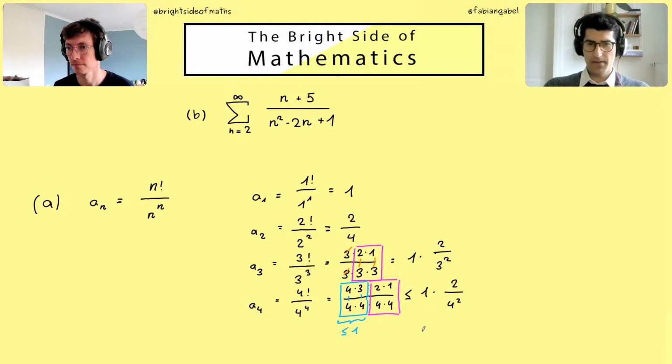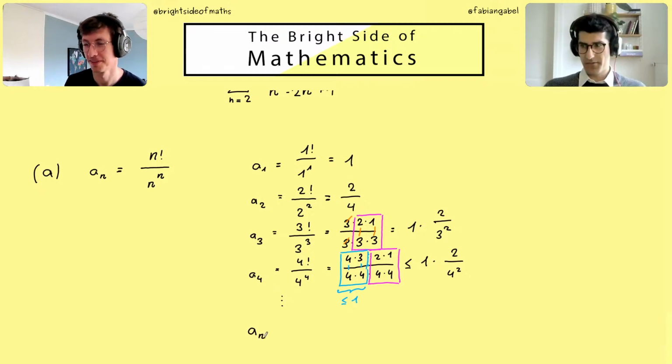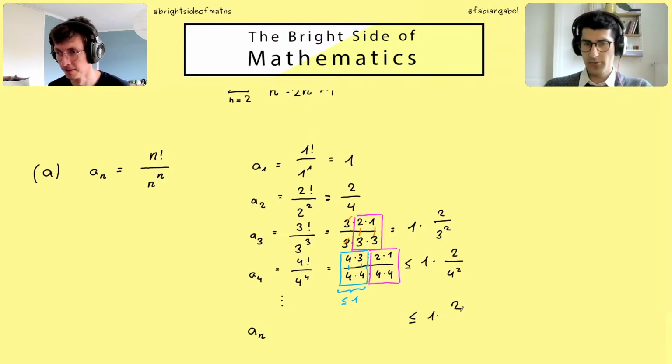All right. So that's about the examples that we have here, and the trend that we can observe and that we want to prove next is, if I look at the nth element of the sequence, can we then show that it is less or equal than 1 times 2 to the n squared?